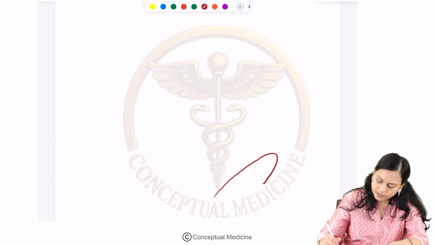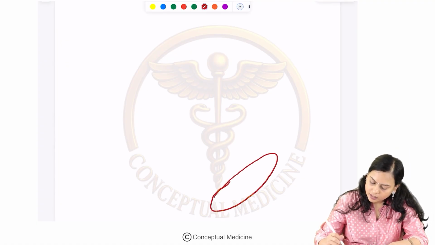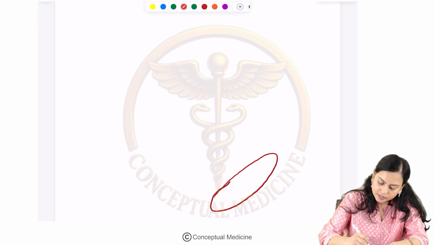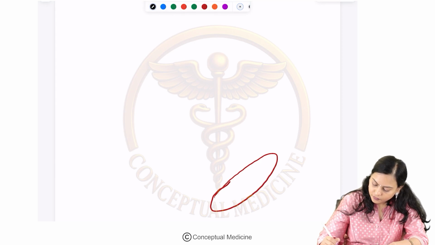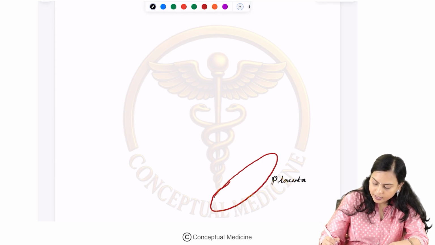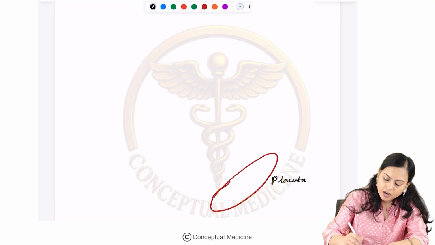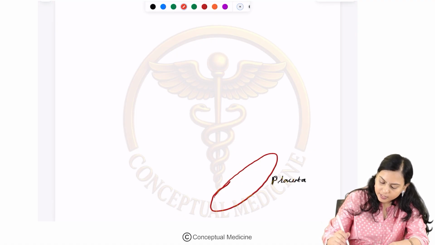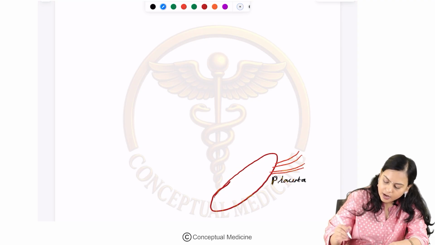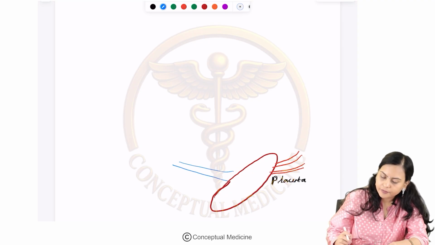We'll have the placenta. So, placenta is the site of oxygen supply in case of fetal circulation. All of you know we have two umbilical arteries in the umbilical cord and one umbilical vein.